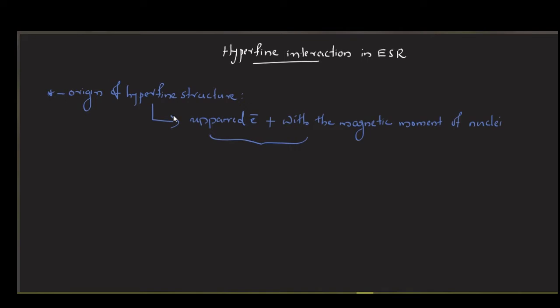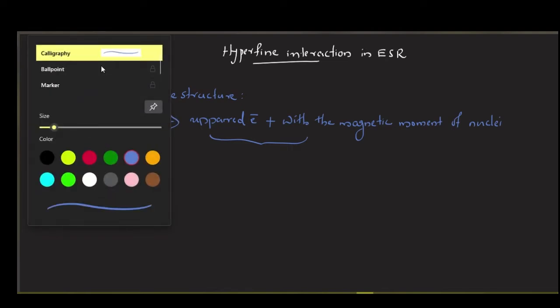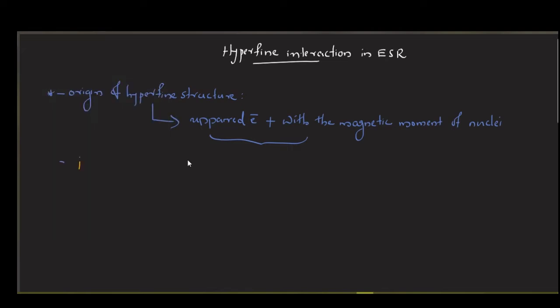For example, if a nucleus has spin I, then the ESR spectral line will split up into 2I plus 1 levels.